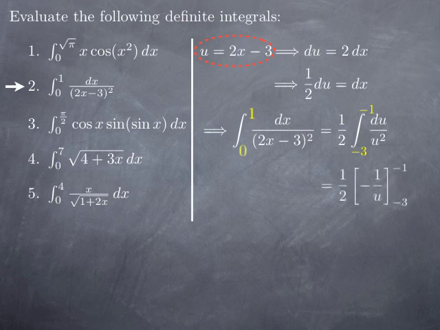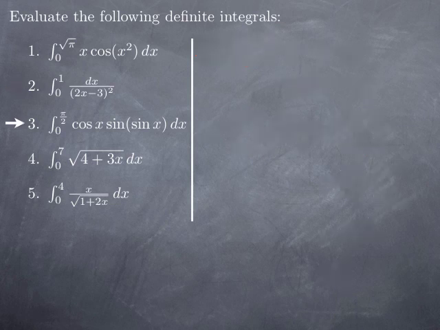So we obtain that this integral is equal to 1/2 multiplied by the function negative 1 over u that we evaluate between negative 3 and negative 1. Plugging values in, we get 1/2 of the value at negative 1 is 1, the value at negative 3 is 1/3, so we subtract 1/3 from 1, we get 2/3, dividing this by 2 we obtain 1/3.